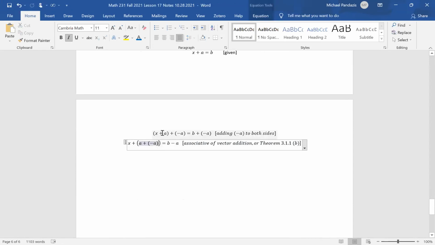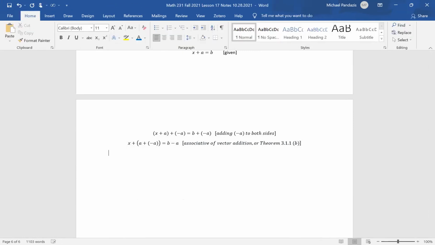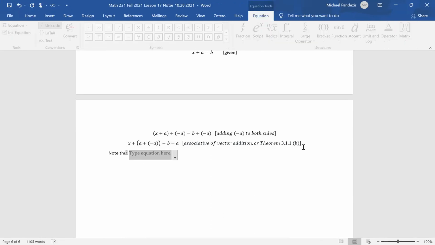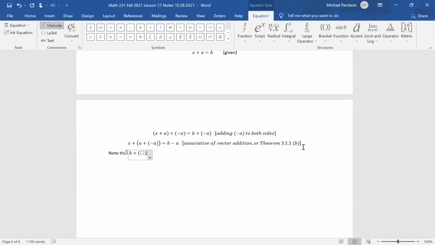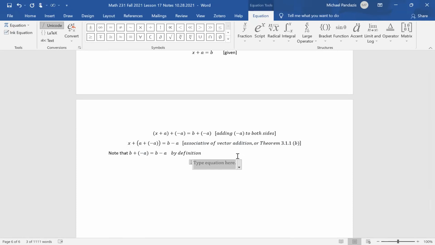So that's by associativity, that this quantity is the same as this quantity. And b plus negative a is just b minus a by definition. That's how we defined subtraction of vectors, as one vector plus the negative of the other.